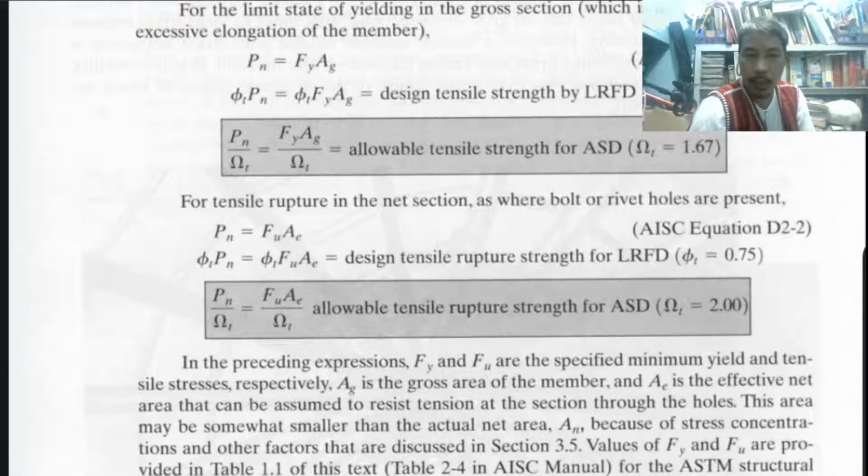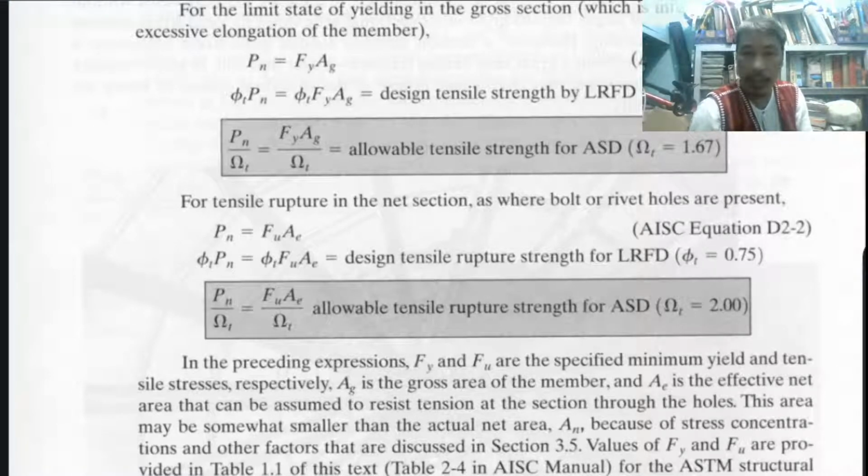Correspondingly, if we are going to use the ASD, or the allowable stress design, we correspondingly have to use omega sub t equal to 2 this time.